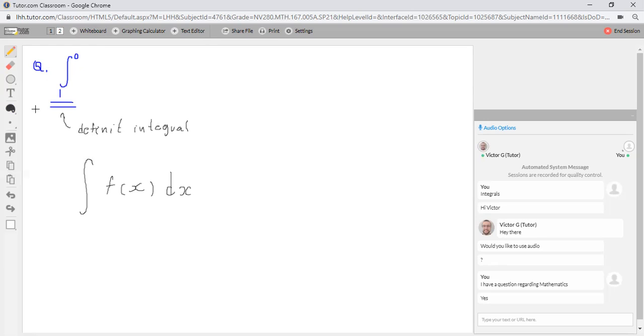Primitive is the same as the antiderivative. It's just another word for it. I see. So finding the primitive is the same thing as finding the antiderivative? Yeah. Okay. Awesome.